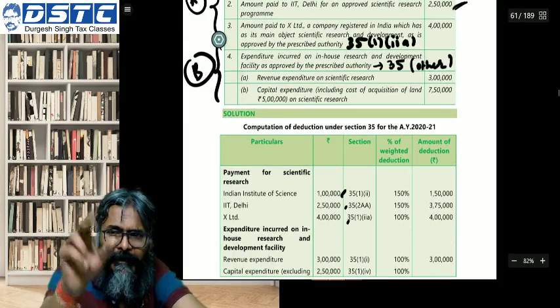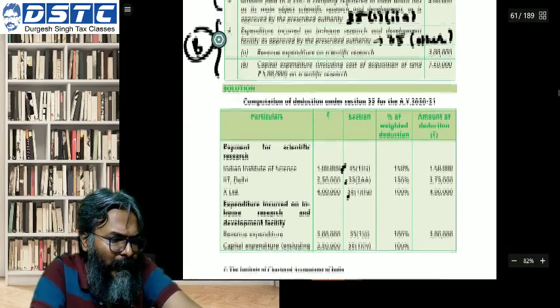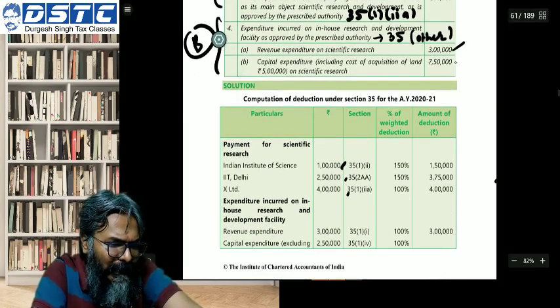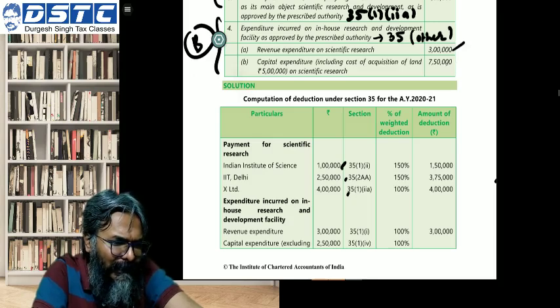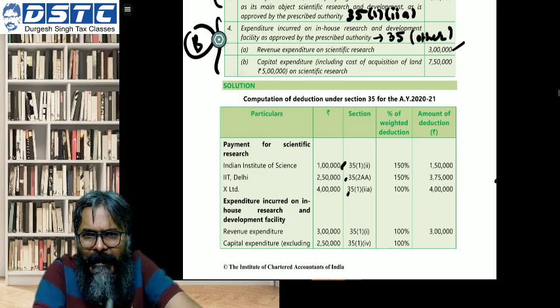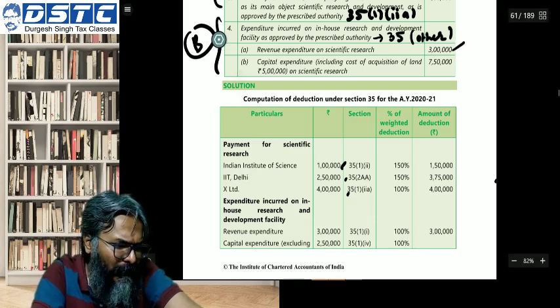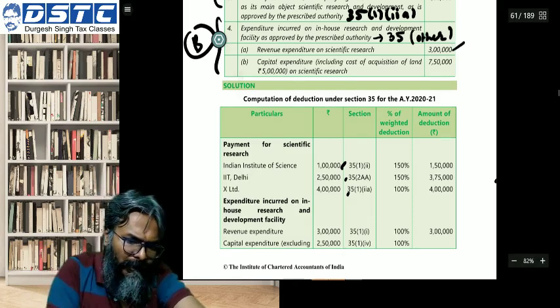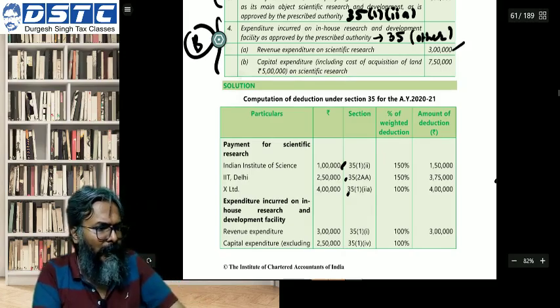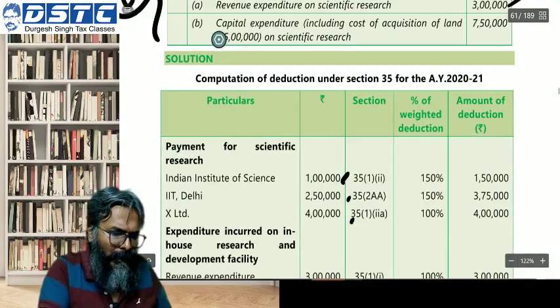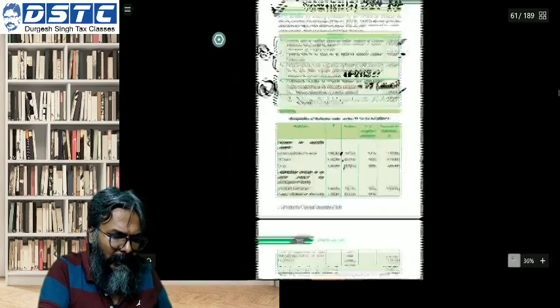Then you go with the normal treatment: revenue expenditure on scientific research of 3 lakhs and capex. In that capex, students, cost of land would be eliminated. Land in any case will never ever be allowed as deduction. So therefore, only up to rupees 2.5 lakhs, 100% deduction would be given. So this was one question which you should try to deal with once.